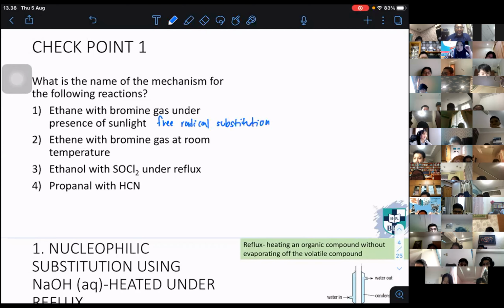And when you have ethene with bromine gas at room temperature, maybe Josh, what is the mechanism of the reaction? Is that electrophilic addition? Yeah, so it's going to be electrophilic addition.